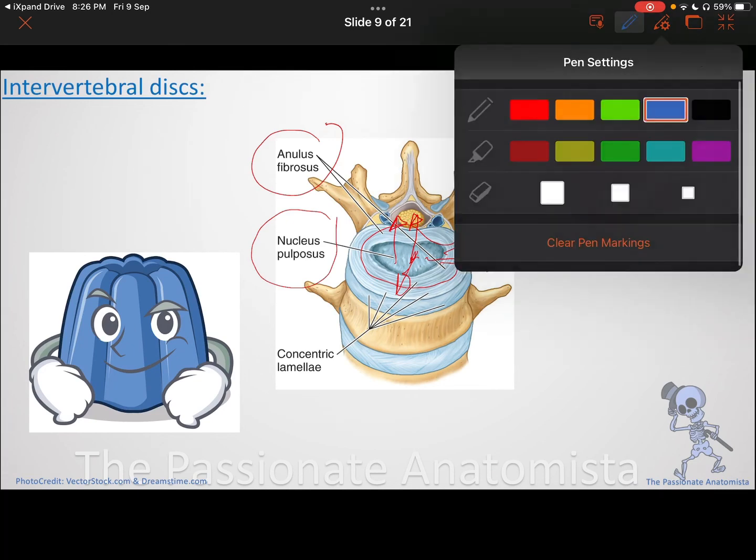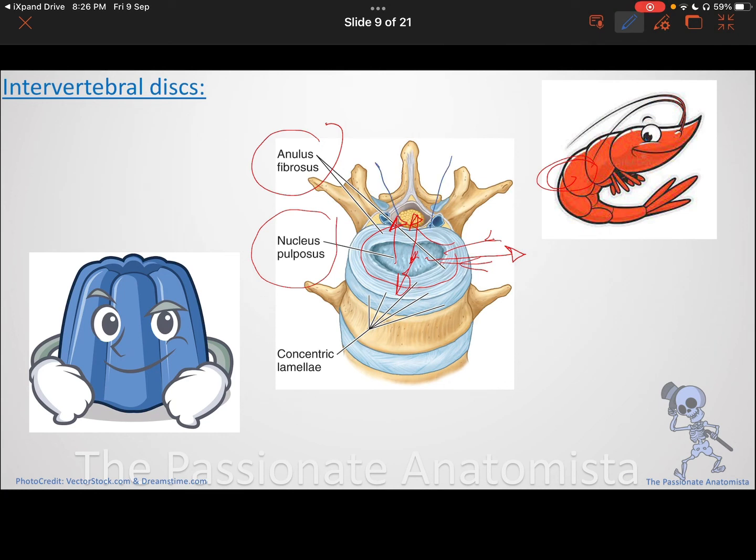And in that case, they will do the laminectomy. Remember, that was our lamina, and they're gonna remove this bone to do decompression on the spinal cord. And that's because the gelatinous material comes out of the cracks of the annulus fibrosus, and if it touches the nerve, it's gonna be very painful, and it can cause limitations in the motor control, and it's gonna affect the motor neurons coming out of the spinal cord. It's gonna affect the function.